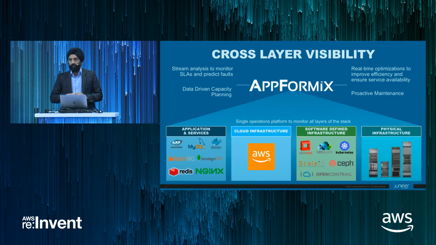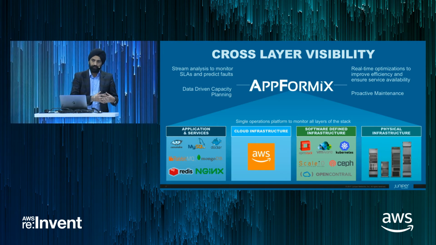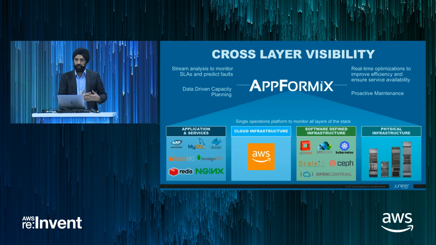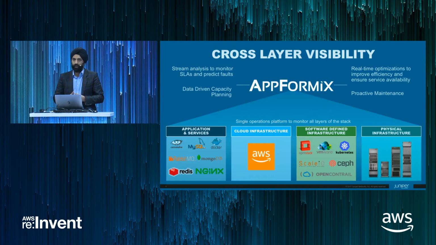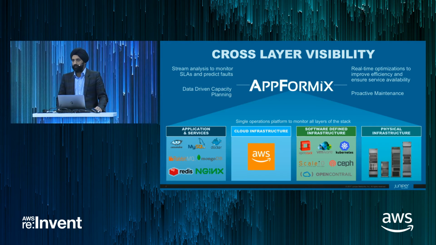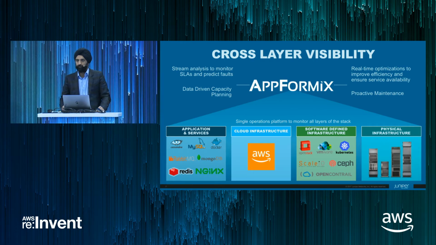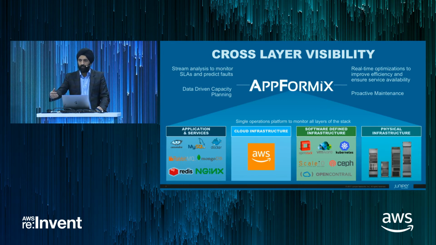So what's really the baseline here is that using this single platform, you can capture metrics and telemetry from your infrastructure, your traditional physical infrastructure, your routers, switches, your compute hardware, your servers, any kind of software-defined stack that you use to enable your cloud infrastructure, whether it be on-prem like VMware, OpenStack, Kubernetes, or your public cloud infrastructure that's running in Amazon, including your applications that you deliver using those instances that are running in the public cloud.